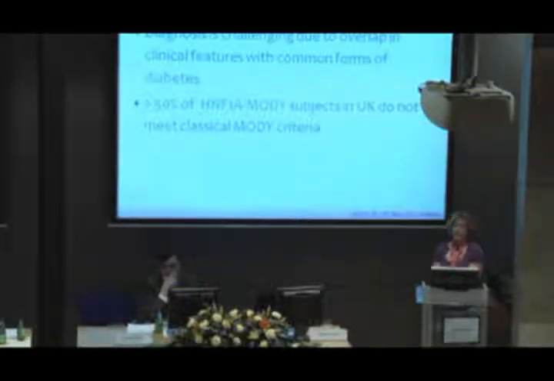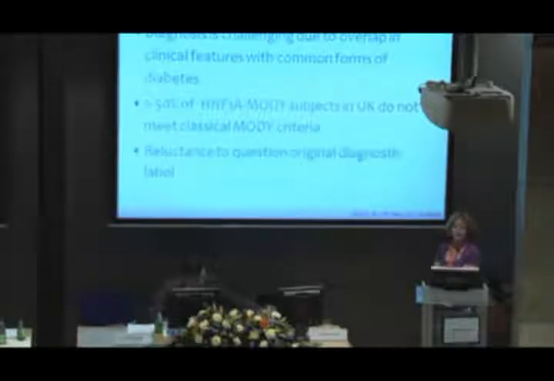In the study that we've talked about on the number of cases found in the UK, it was reported that over 50% of the HNF1 alpha MODY subjects didn't actually fit that classic MODY criteria. So even if you investigated everybody who was diagnosed under 25 with a parental history and evidence of insulin independence, you would still not find most of your cases. So we have to spread our net a bit wider.